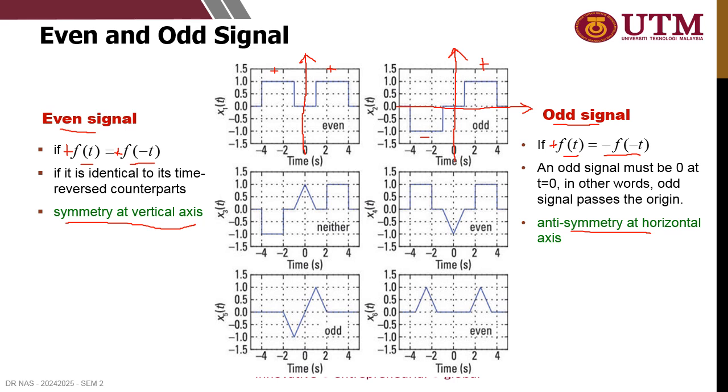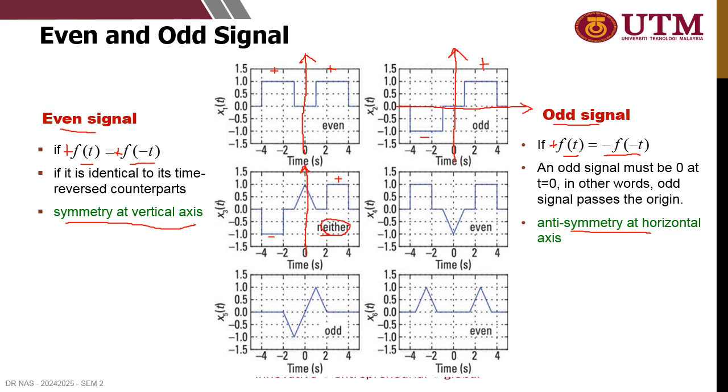So look at the rest of the figures. Next, look at this figure. Why is it neither? When you look at the vertical axis, you can see that the signal is basically a mirror image. So we can say this signal is an even signal. How about the next one? This is positive and this is negative. Here you can see it's even, but here it is odd.